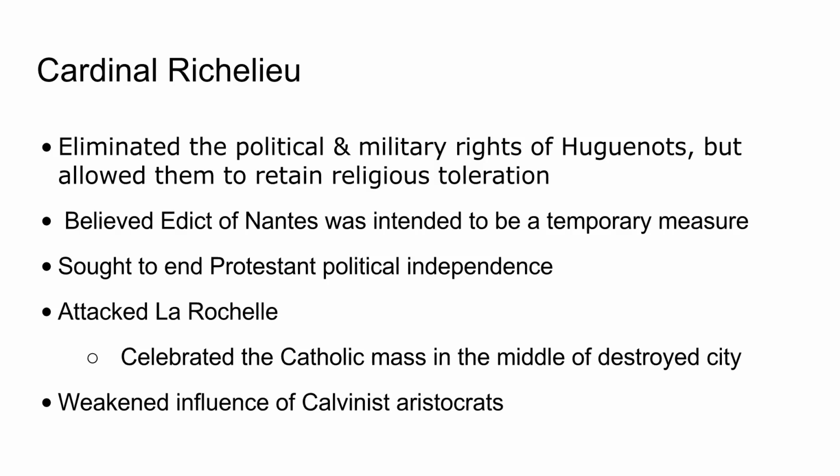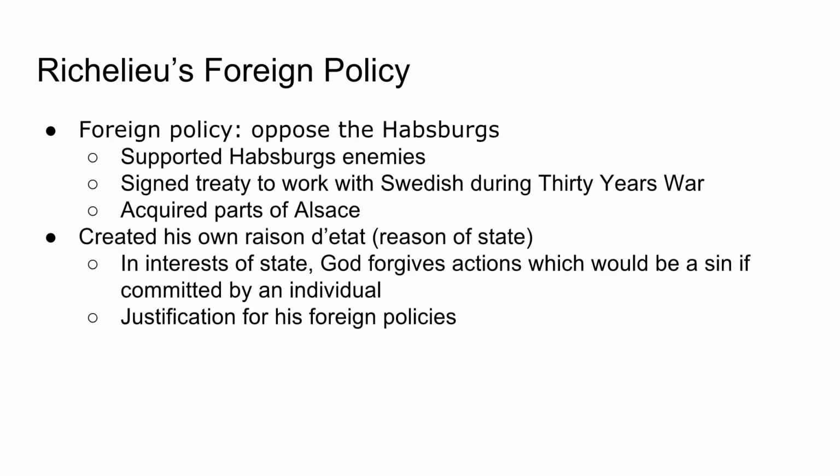So that's what we've got going on there. And by doing this, he's able to weaken the influence of the nobility who were Calvinist. They no longer had this independence that they thought they had. That is really very much taken away from them.